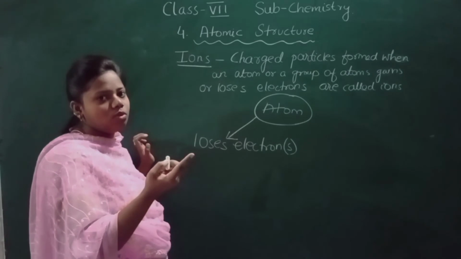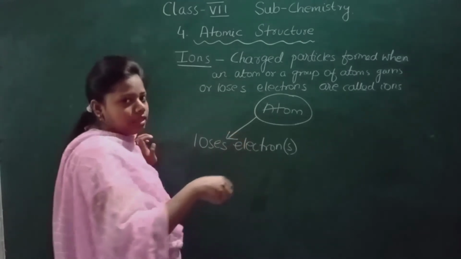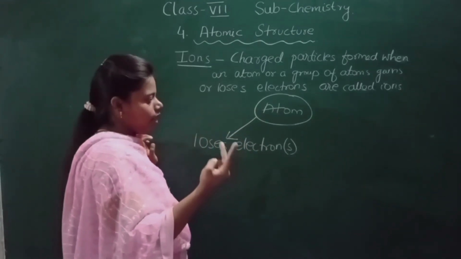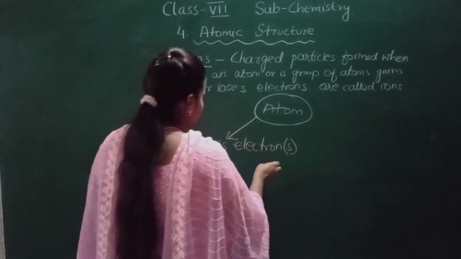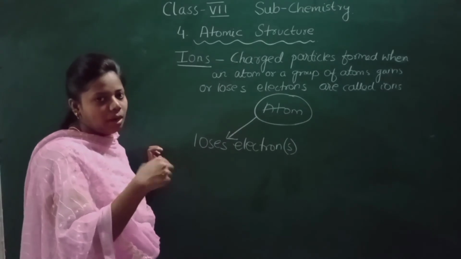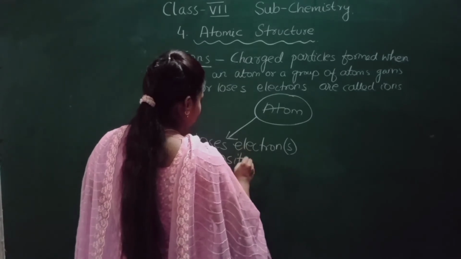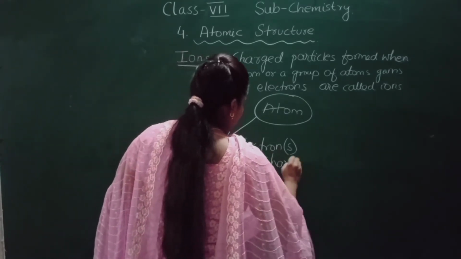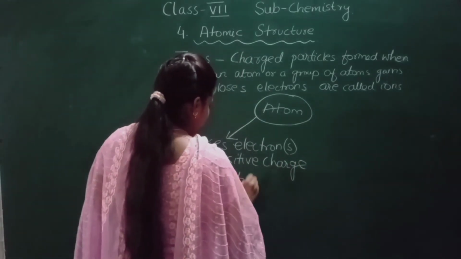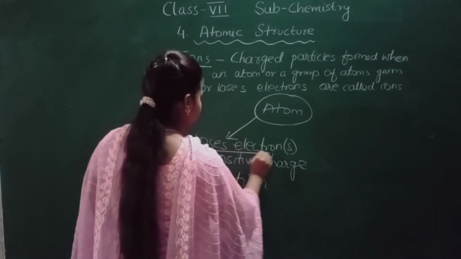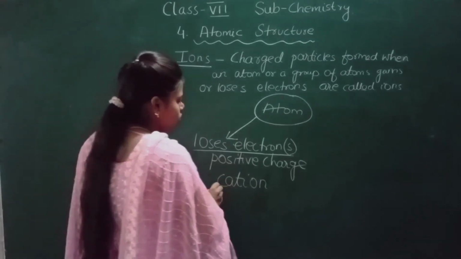Sometimes the atom loses one electron, so electron is written, and sometimes the atom loses more than one electron, sometimes 2, 3. That is why I have written (s) here. So when it loses the electron, which charge will the particle have? The particle will be positive, it will have a positive charge, and we call that a cation. When it loses electron or electrons, it has a positive charge and it is known as a cation.